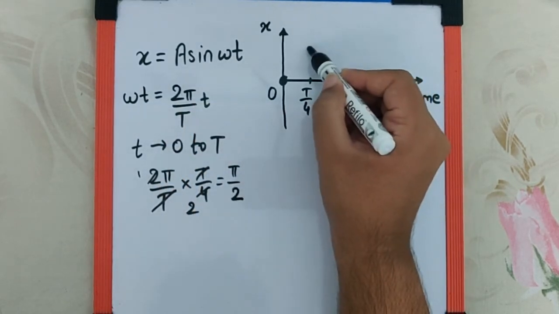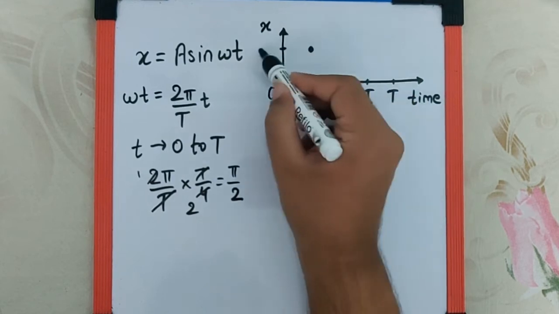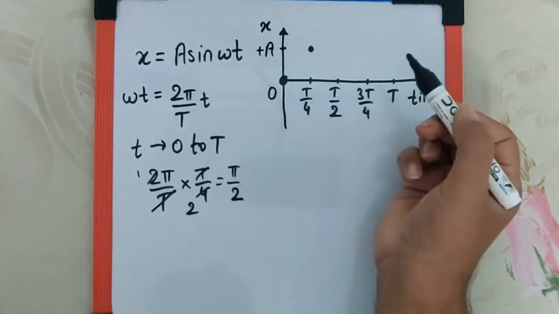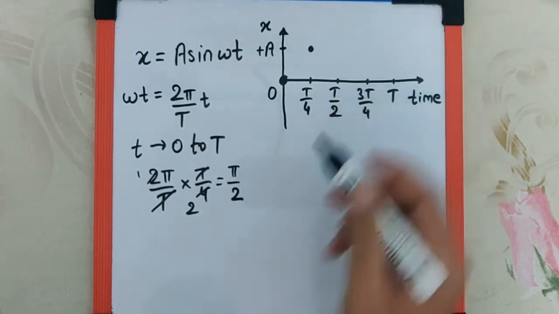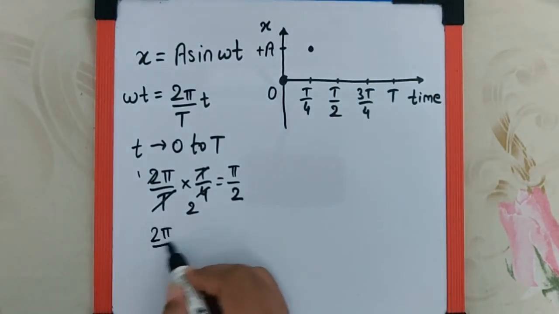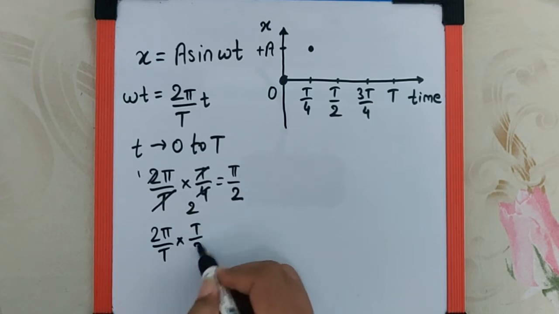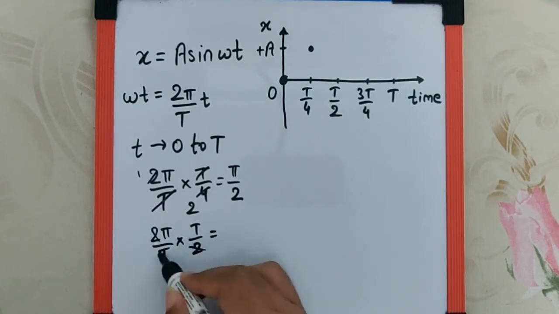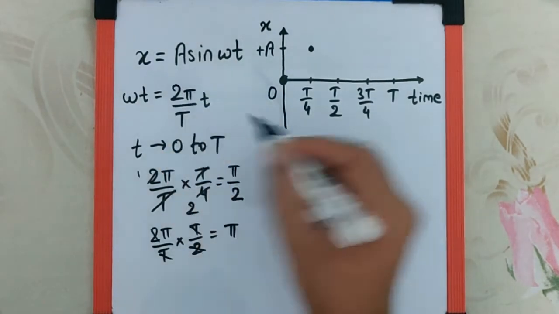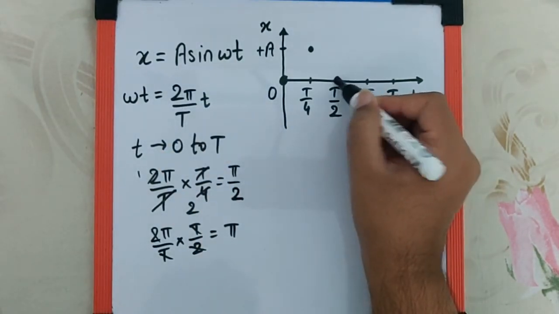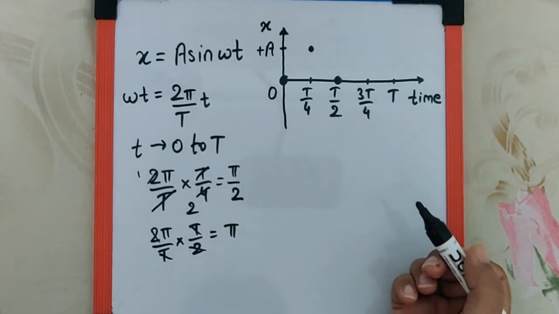Let's consider that position over here as plus a. So the particle is over here. Then at T by 2, 2 pi by T into T by 2, we get pi. Sine of pi is 0 again, which means the particle comes back to its mean position.